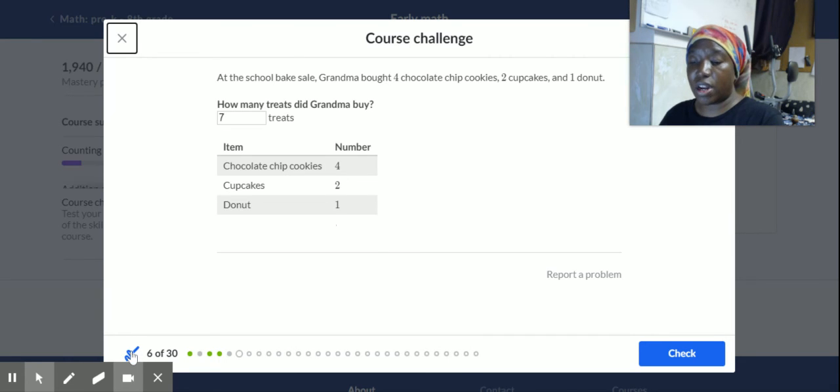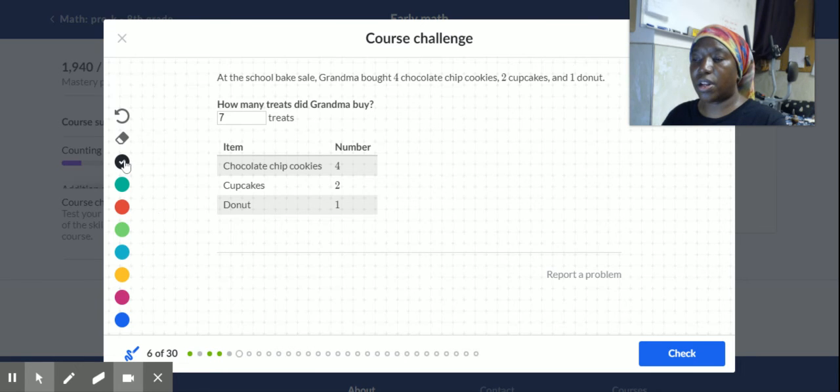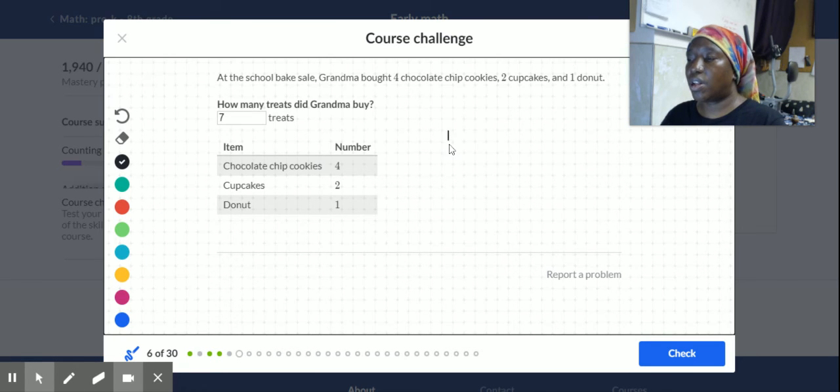But if you want to write it down, you're going to click here. So you have the opportunity to use your finger. Now that's how we add, right?